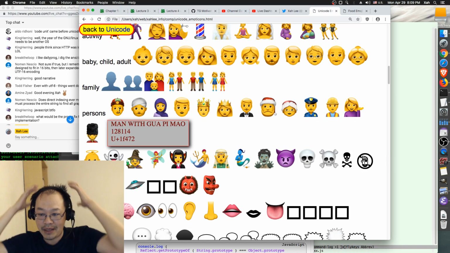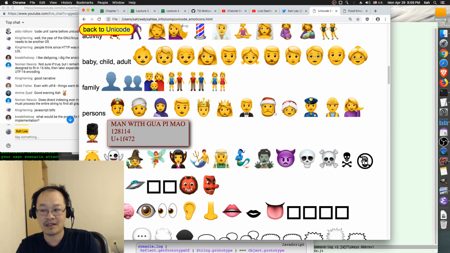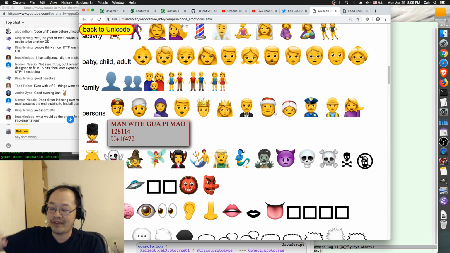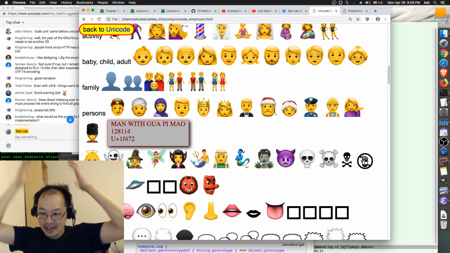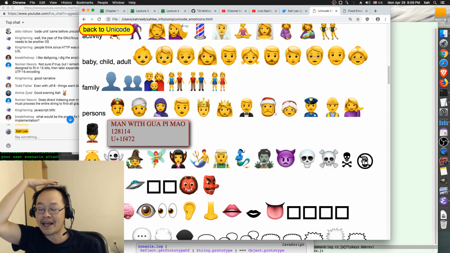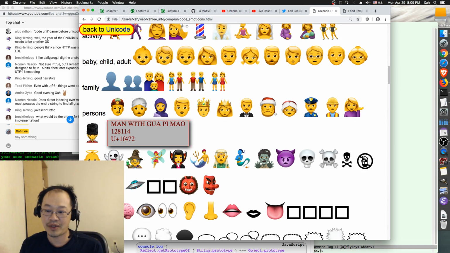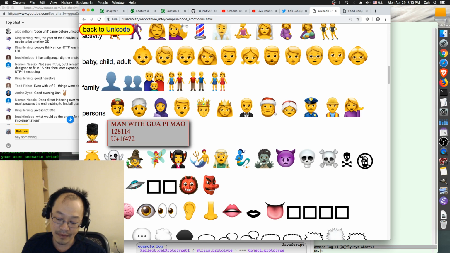So what does gua pi mean? Gua pi means it's like a watermelon or cantaloupe, a melon. You cut it in half, you get this semi-spherical thing, and you put it on your head. So that hat looks like that. So in Chinese, we call that gua pi mao, or melon hat.